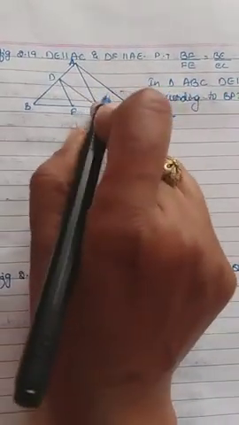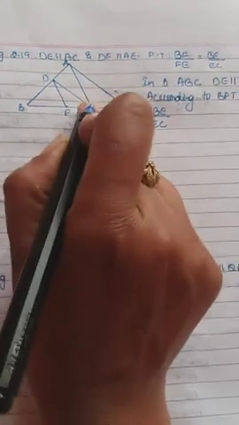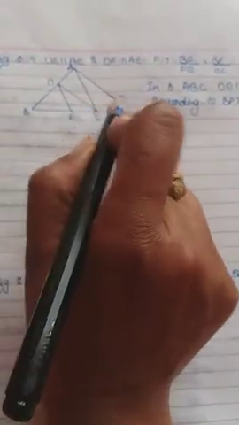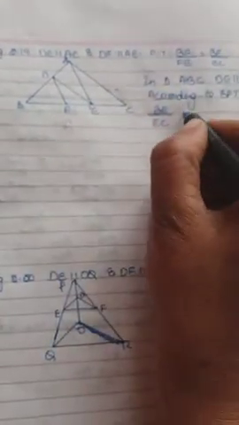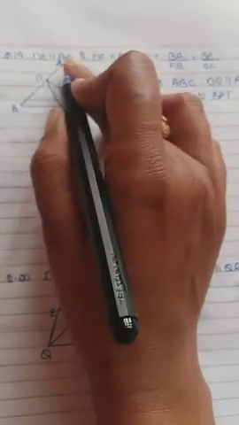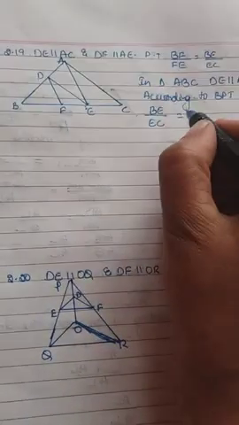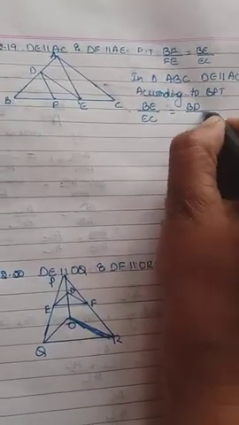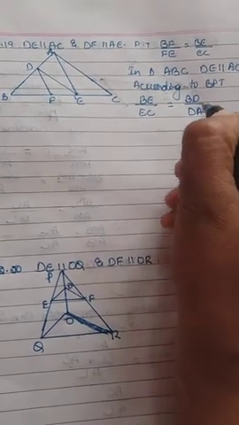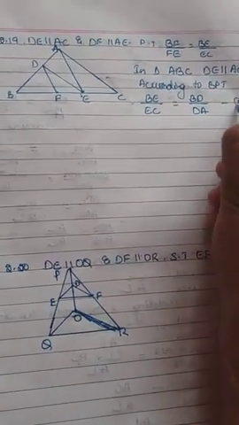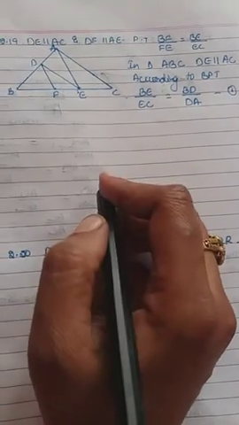Here BE, because DE is the intersecting line, that's why we don't want to take DF. BE divided by EC equals BD divided by DA, right? Consider this as equation 1.